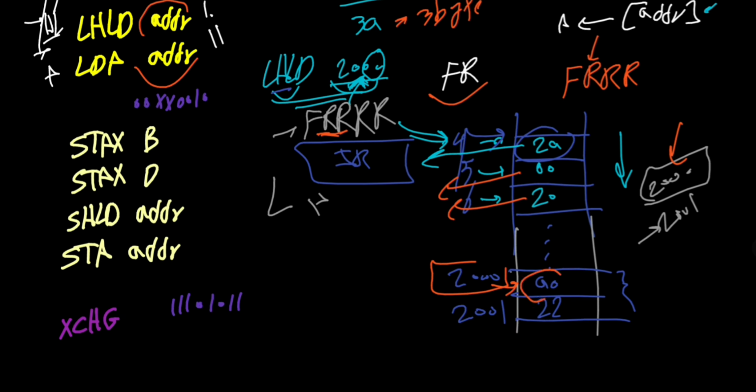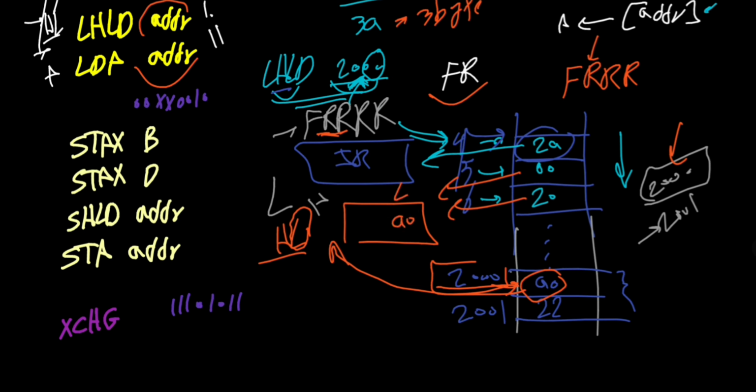The contents here would be read inside the L. Why L? Because we are talking about the HL register pair, lower byte, lower address. This 2000 is the lower address. So A0 would be written inside the L register, and that was the third read, right?